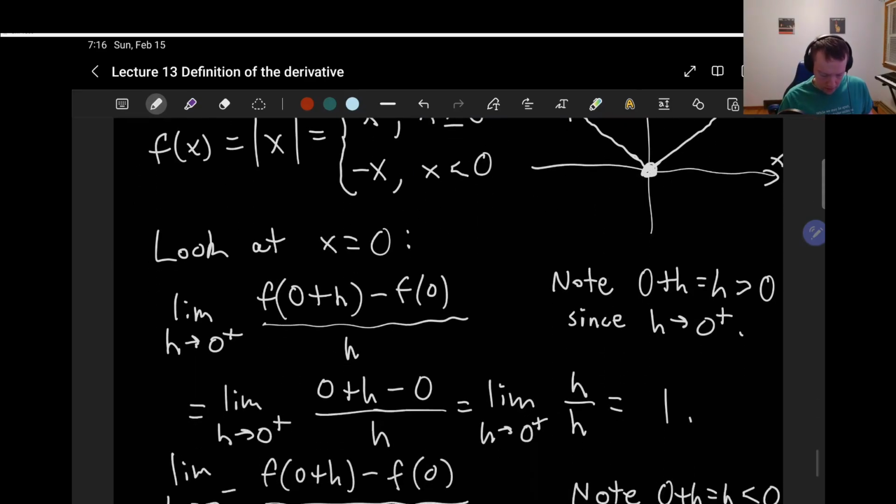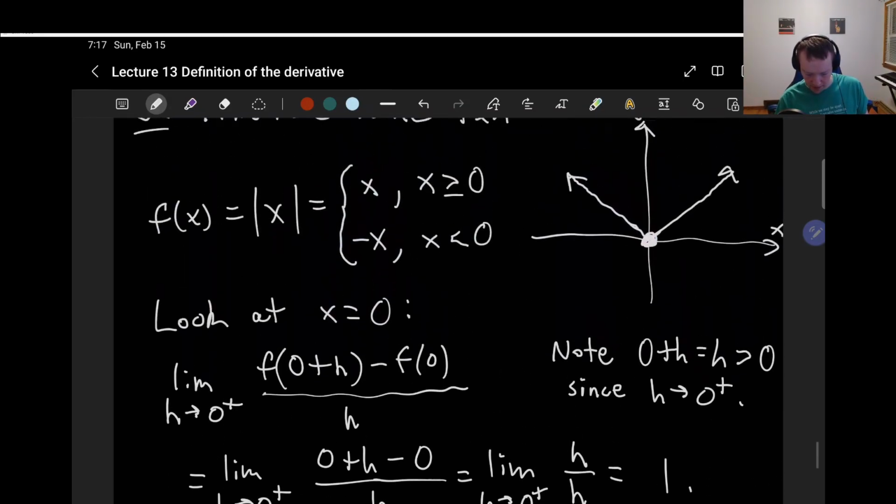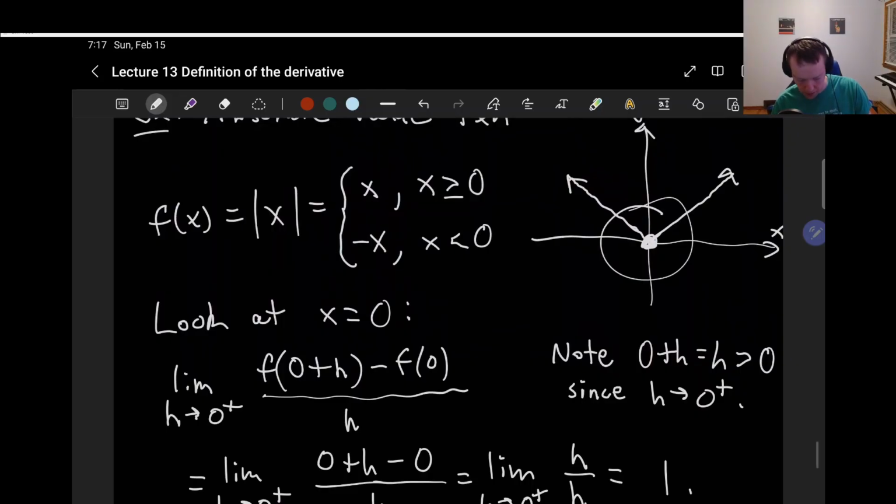So notice that these one-sided derivatives disagree with each other. We're coming at the point with two different slopes, as we see here.